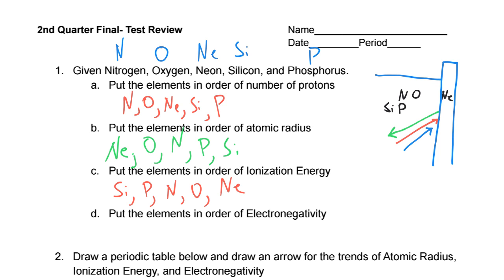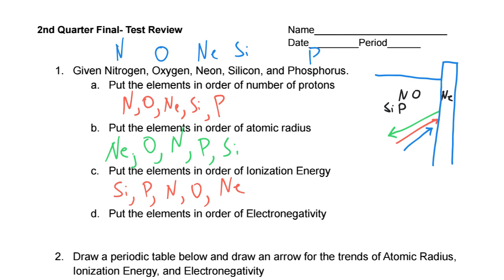And so as we go up and to the right, we've got a strong nucleus whose positive charge is unshielded, and we're also getting very close to an octet. And so elements, especially in group 17, really want to gain 1 more electron so they can reach an octet.